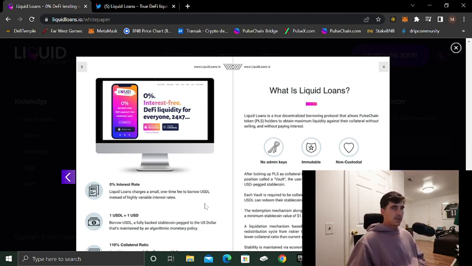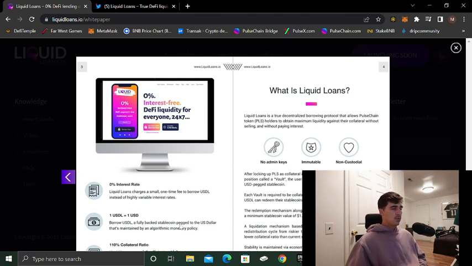If you take a loan out, it will be 0% forever and always, and you'll never have to pay back any of it if you don't get liquidated. So 1 USDL equals 1 USD. Borrow USDL, a fully backed stablecoin pegged to the US dollar that's maintained by an algorithmic monetary policy, and that's going to be backed by PLS. So 110% collateral ratio.